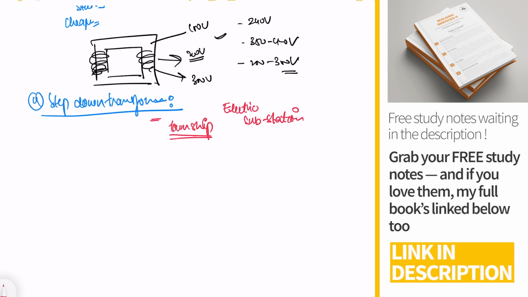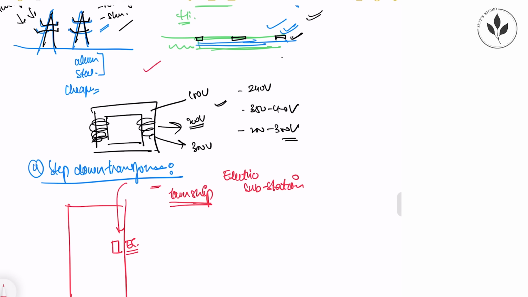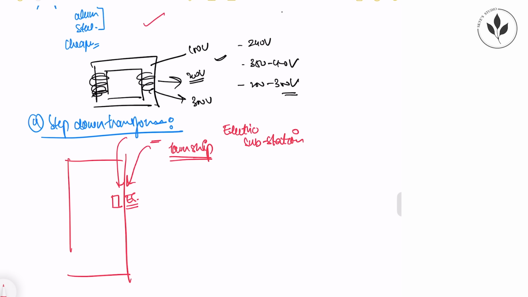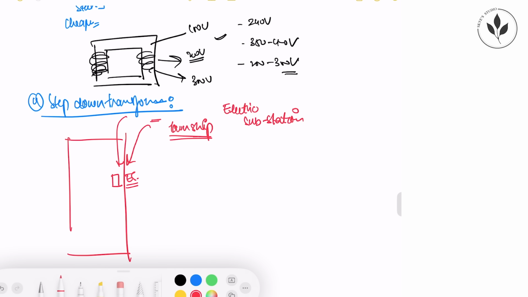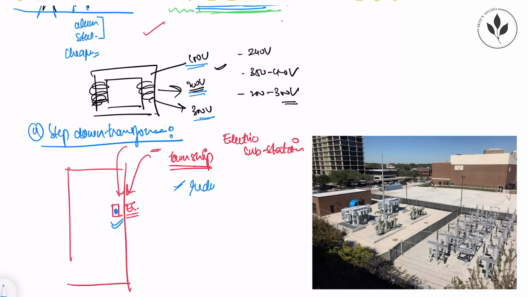Suppose you are studying in a university and your complete university needs electricity, you will have one electrical substation installed on your site, which takes the electricity from these transmission lines inside the campus. This is where the step down transformer will be installed, and it will convert your voltage into the voltage that is required by your premises. So this is how it helps, and it reduces the voltage as desired.